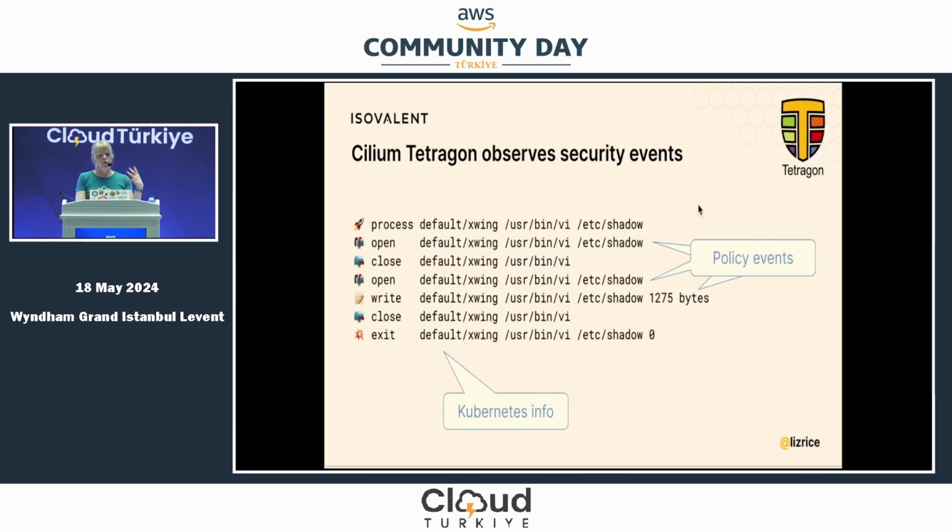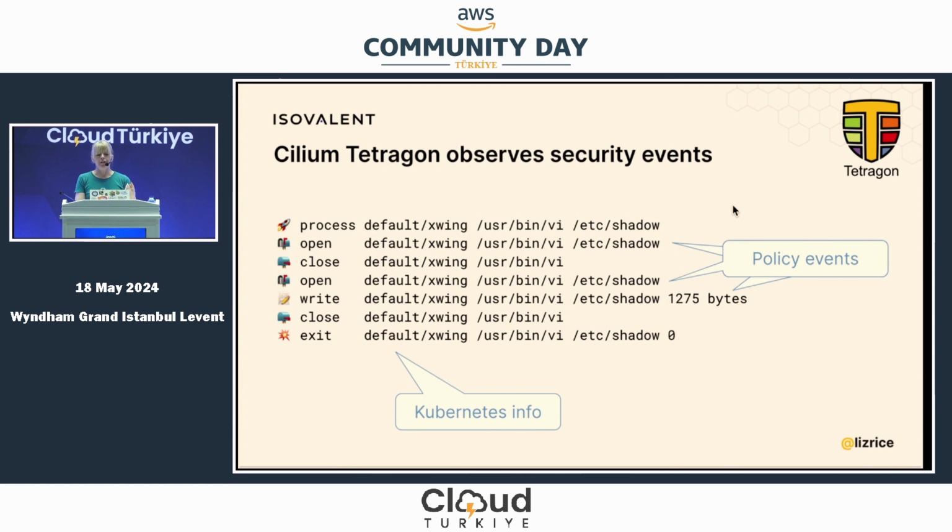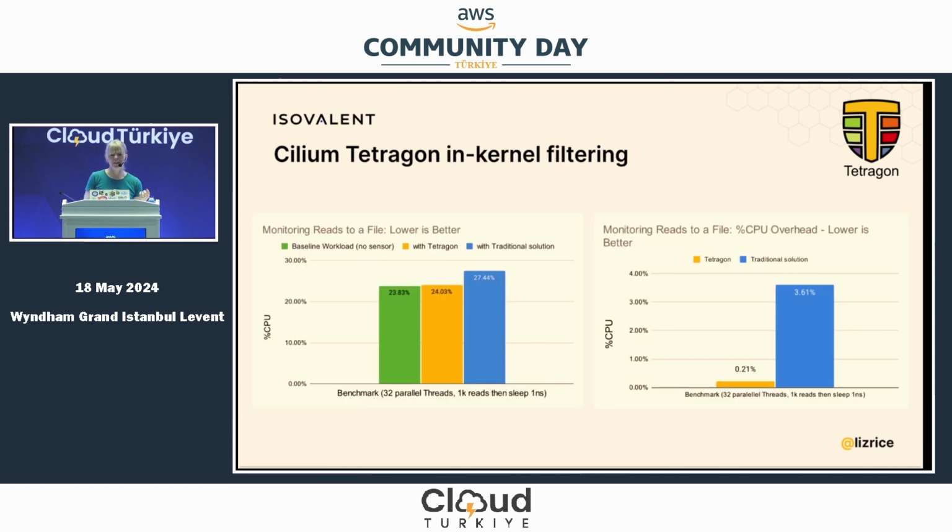So we're able to use eBPF here to get this very powerful information about security events. And because we're filtering those events inside the kernel, we see some incredibly low overhead here. The actual amount of overhead depends on what it is you're observing. But for example, in these benchmarks, we're doing 1,000 reads and then sleeping every nanosecond on 32 different threads.